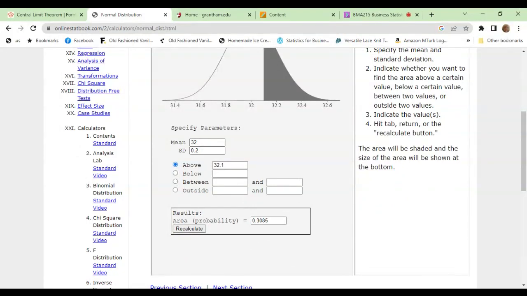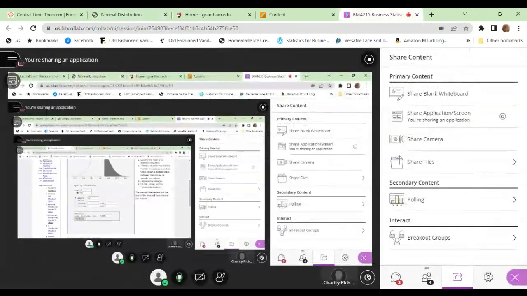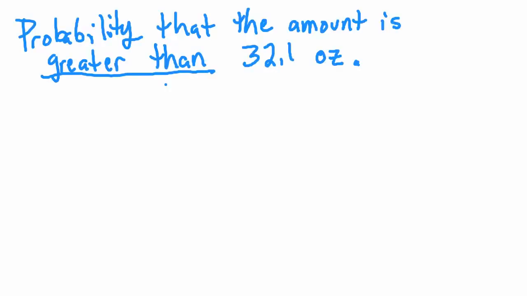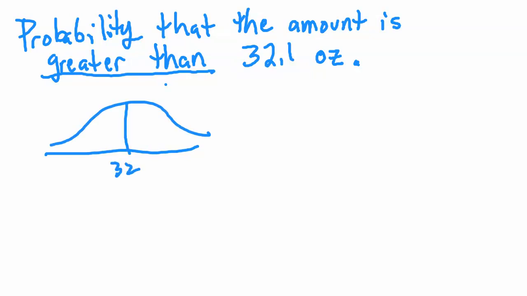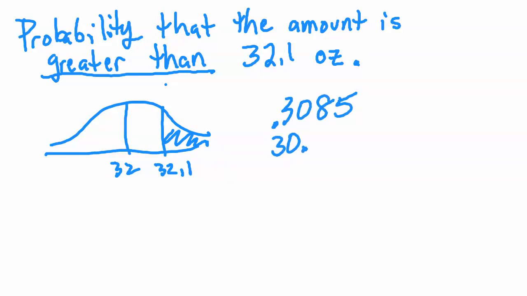We want to be precise. So the chances we get more than 32.1 is 0.3085 or 30.85%.